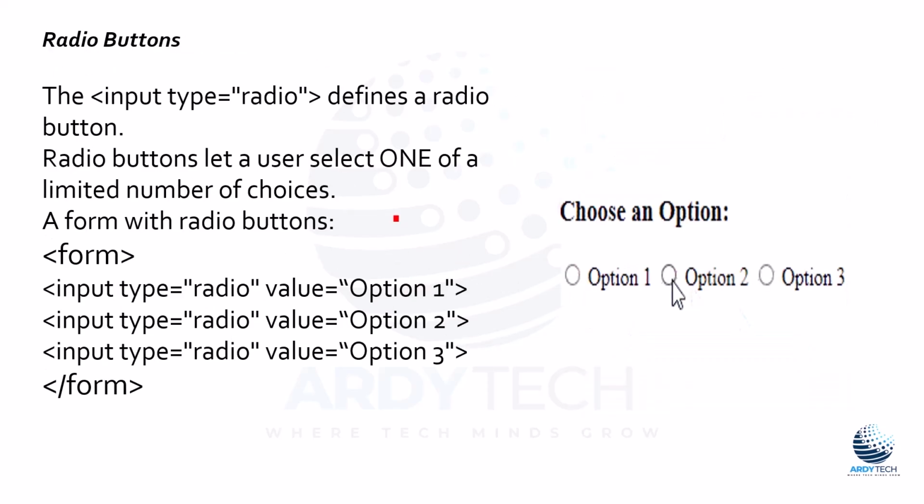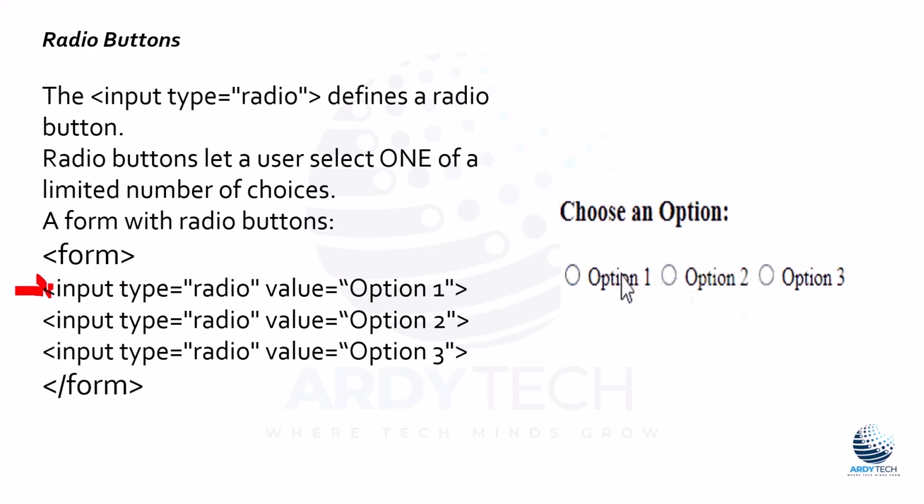Let us also look at another. We also have another type of input field, which is the radio button. It defines a button where the user has the possibility to select one item out of a number of choices. For example, we have the input field here.